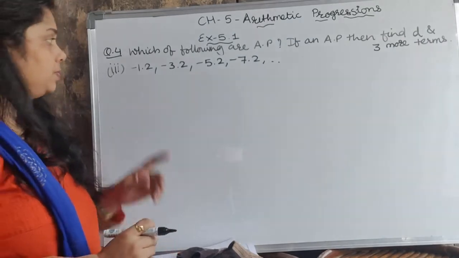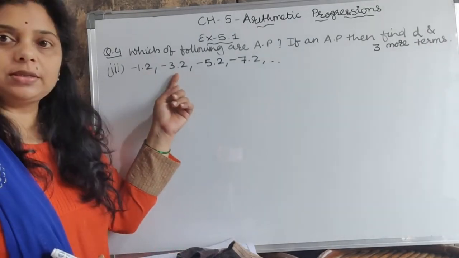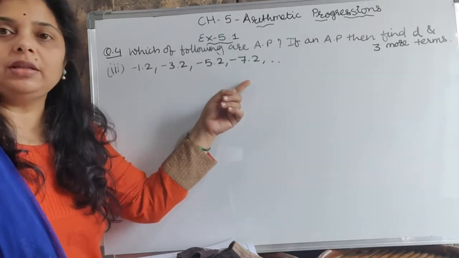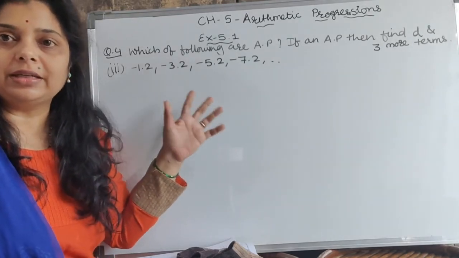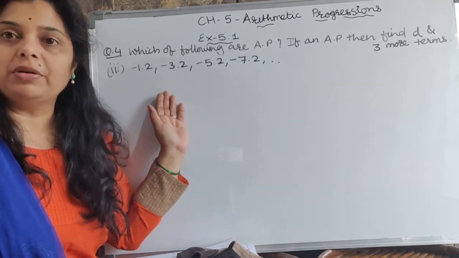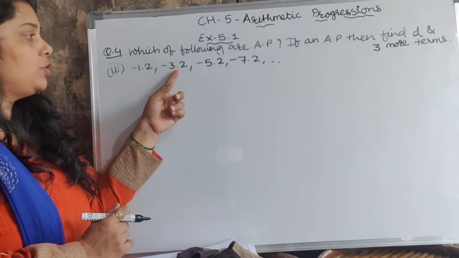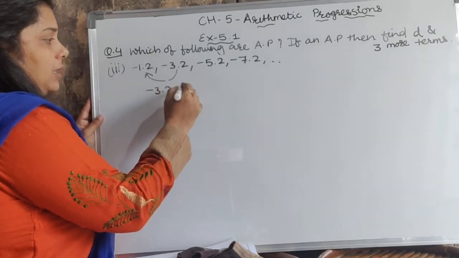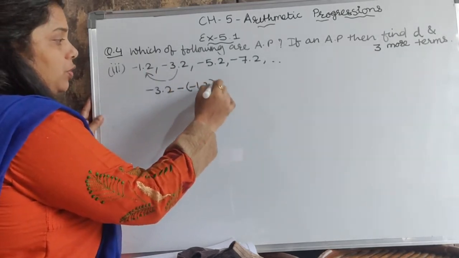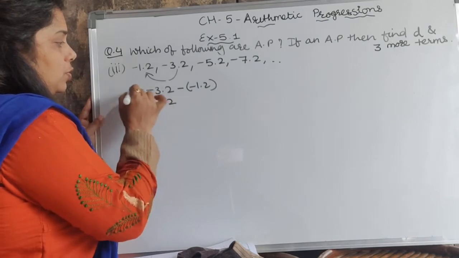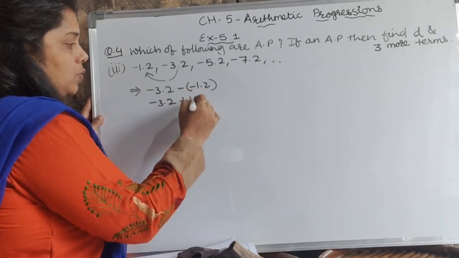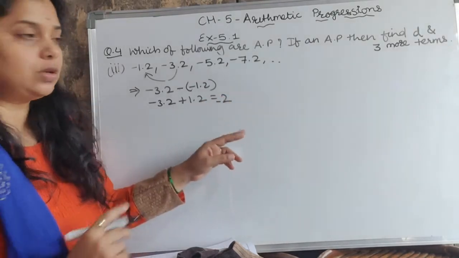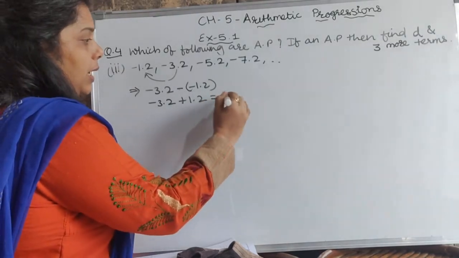Now the next one: minus 1.2, minus 3.2, minus 5.2, minus 7.2. By seeing the values, we can easily get the idea that it is an AP because the common difference is the same. Minus 3.2 minus minus 1.2, so minus 3.2 plus 1.2, it is equal to minus 2.